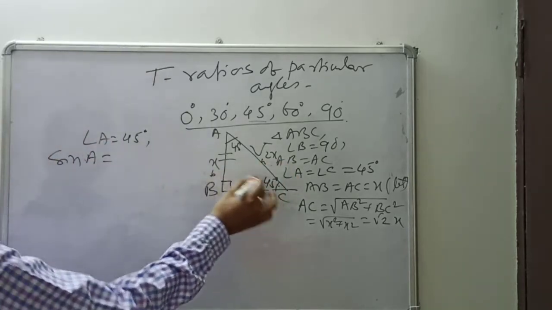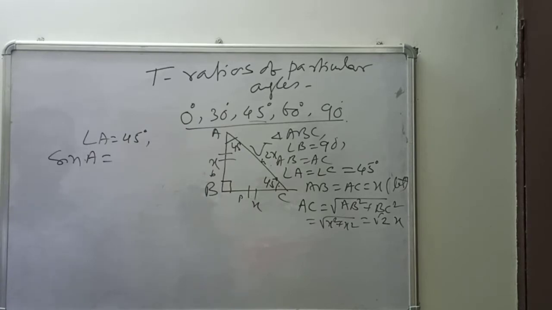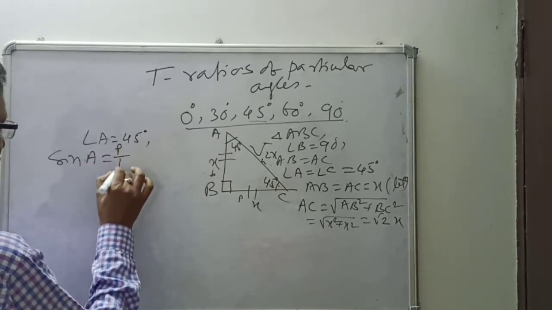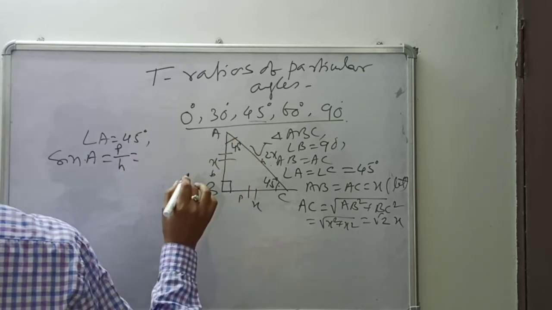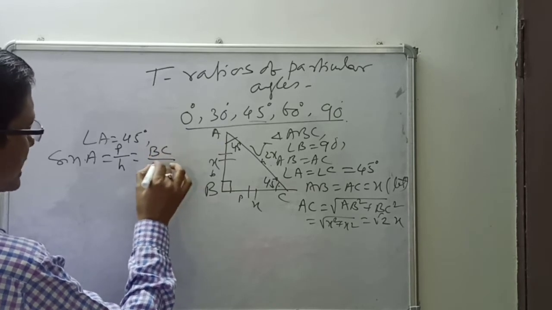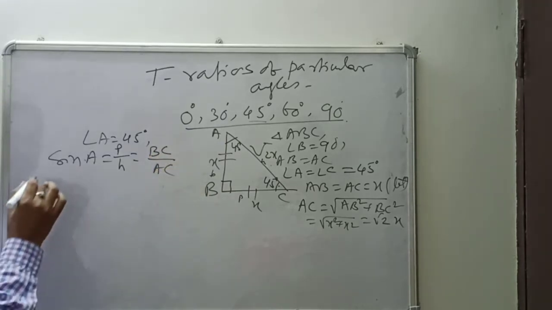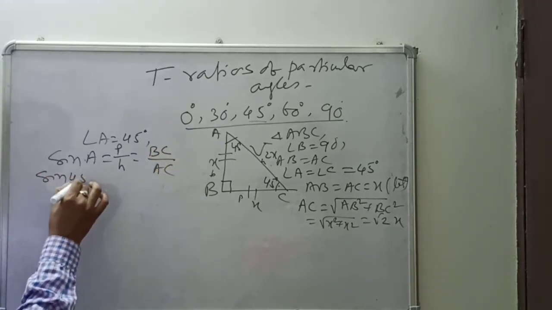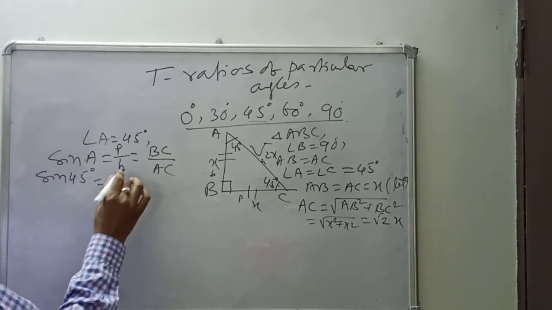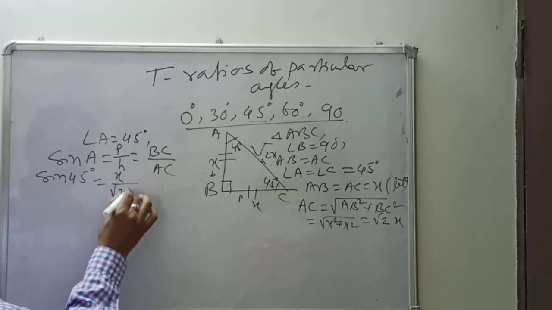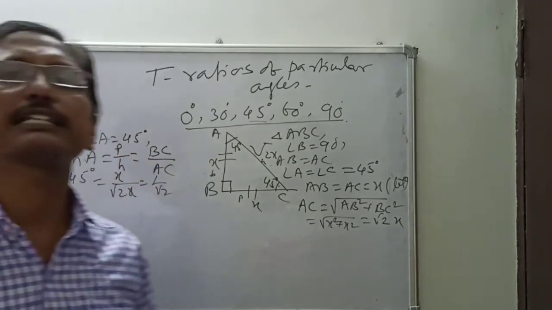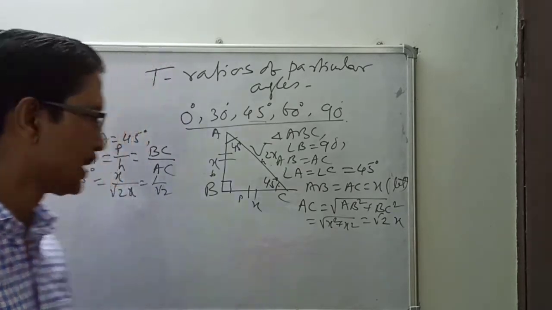So sin A equals, with respect to A, P by H. With respect to sin A, it will be BC by AC. So you can get sin 45 degree equals BC, which is x, by AC, which is root 2 x. So sin 45 you are getting 1 by root 2.